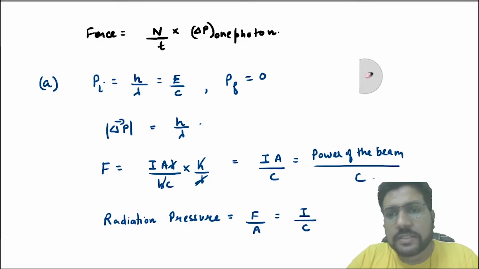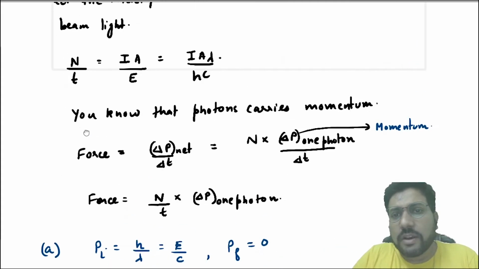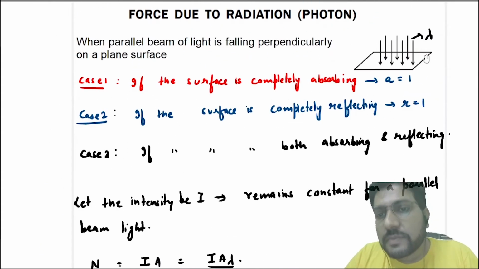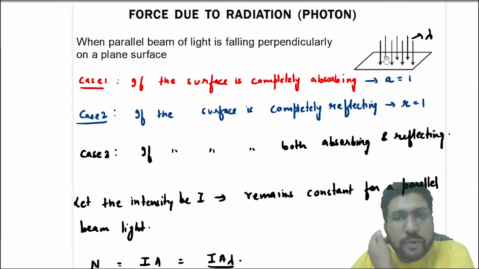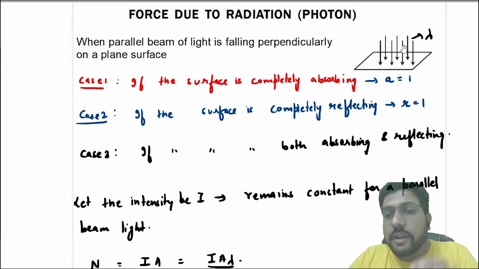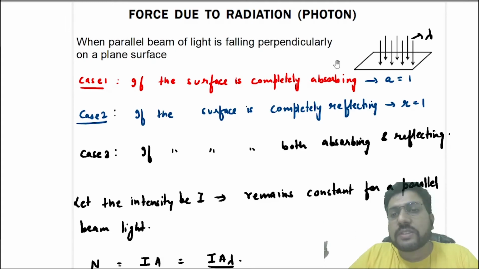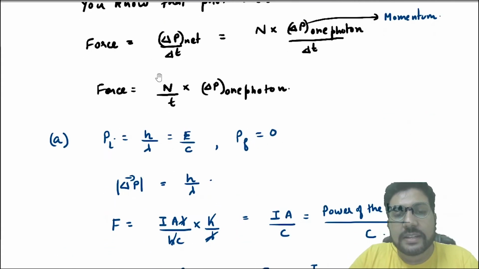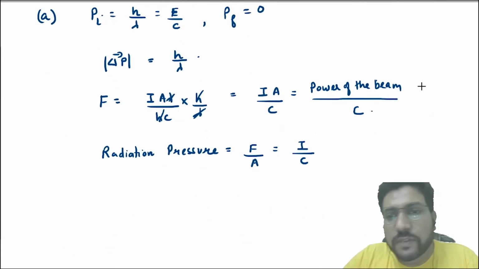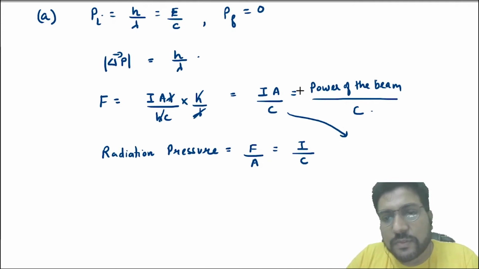So on the photons, this ground will exert a force upwards. But on the plate, the photons will exert a force downwards. So I'll write here, the direction of this force will be downwards on the plate.